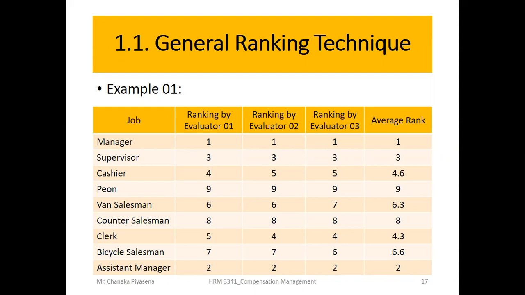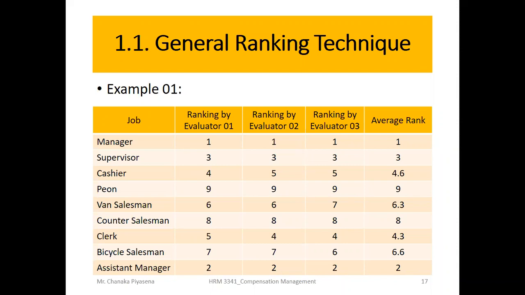The average rank is 3. Then cashier: 4 plus 5 plus 5 divided by 3, the answer is 4.6. PM: 9 plus 9 plus 9 divided by 3, the answer is 9.